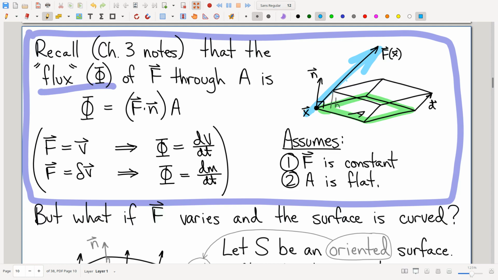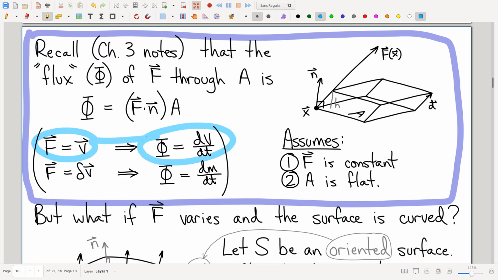Now, do remember as well, there are different kinds of applications of flux. If, as we just presumed, your vector field represents velocity, then you get volume per unit time from that formula. But if, as is commonly the case, your vector field is density times velocity, well, now you get mass per unit time flowing through your surface.